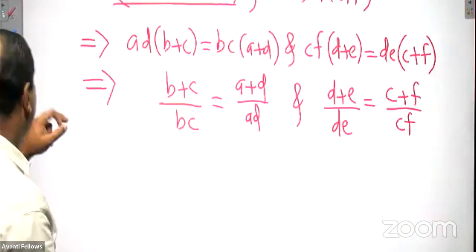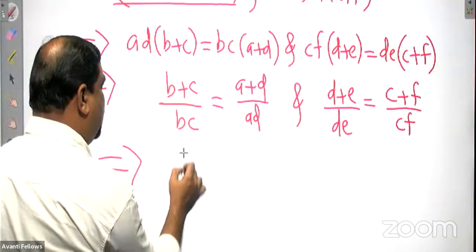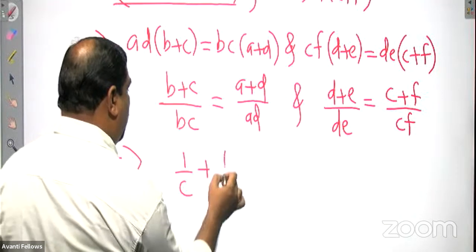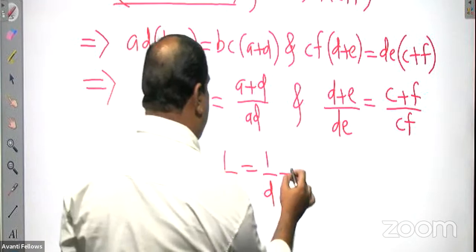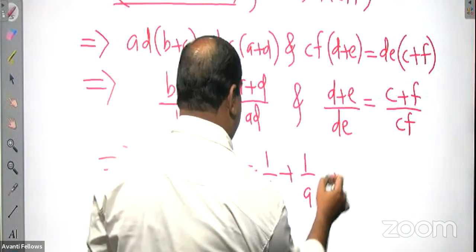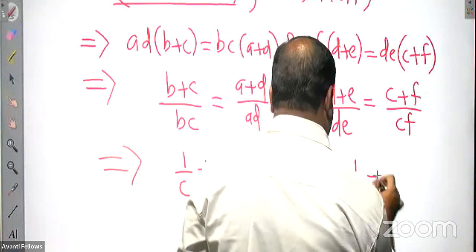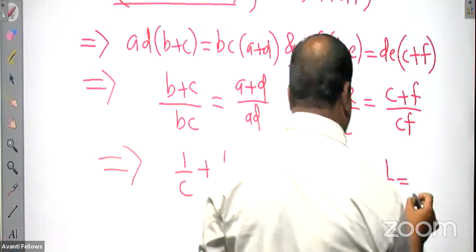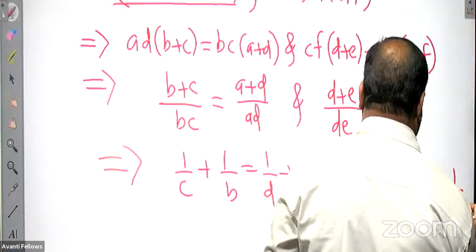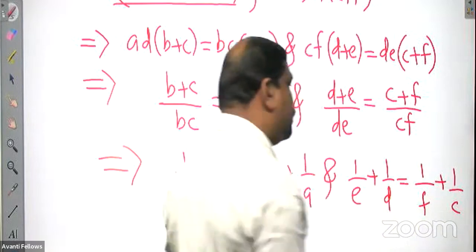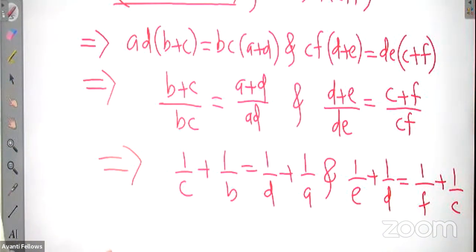Which implies we can separate it: 1 by C plus 1 by B equal to 1 by D plus 1 by A. And the second equation, 1 by E plus 1 by D equal to 1 by F plus 1 by C. Dividing by BC, AD, and so on.